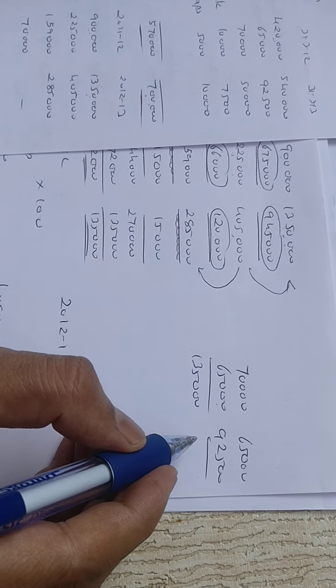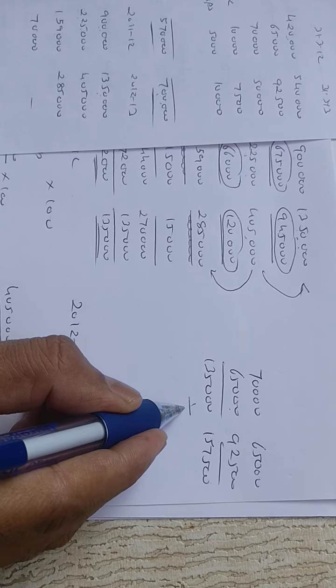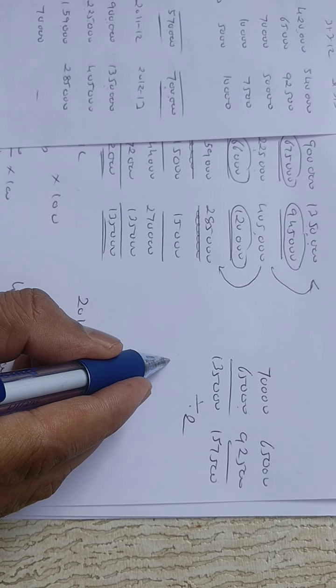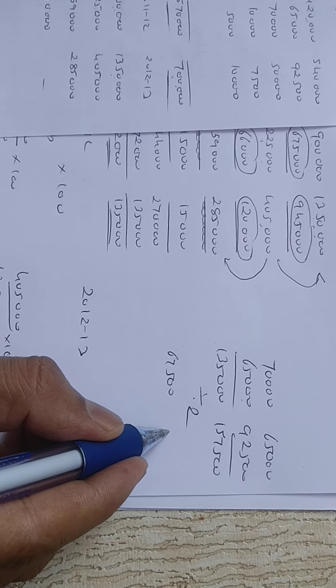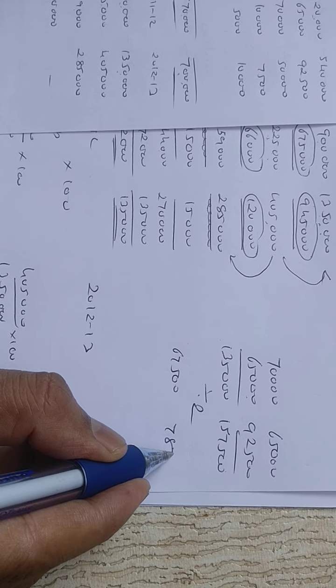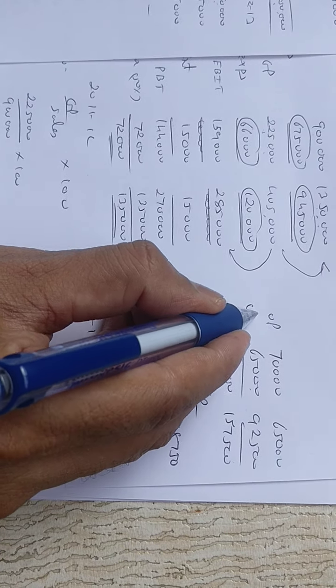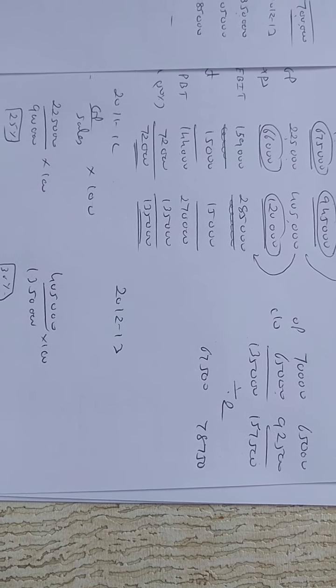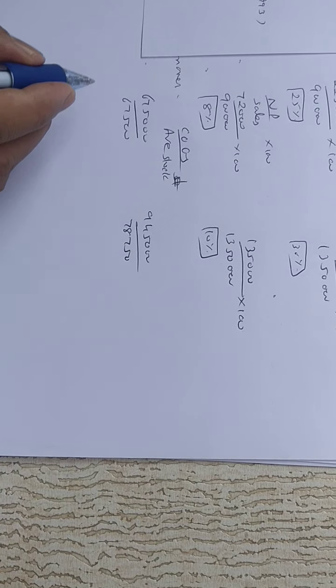So the total is 1,57,500. Divide both by 2, then the answer for first one is 67,500 and second one is 78,750. That is your average stock, opening, closing. So 67,500 and 78,750.